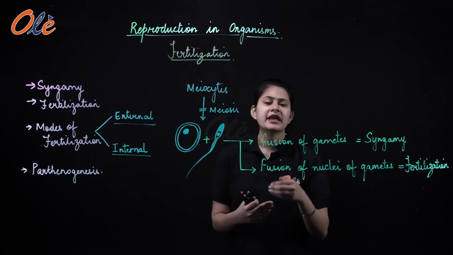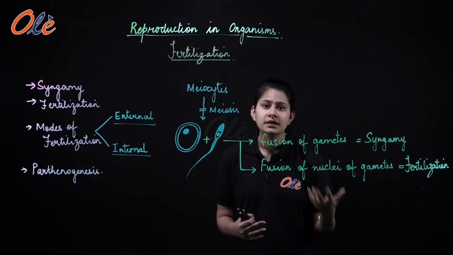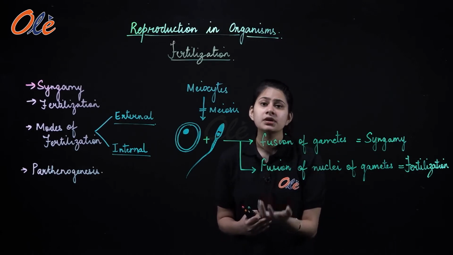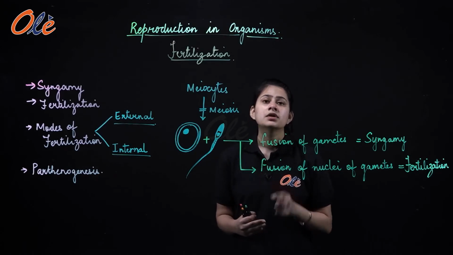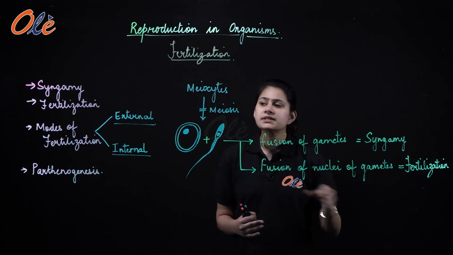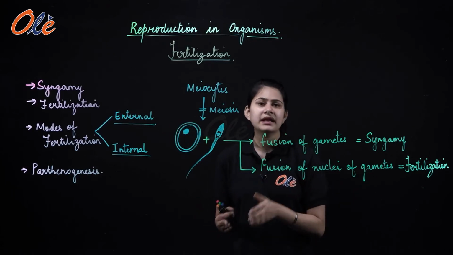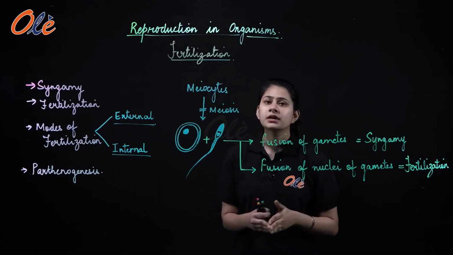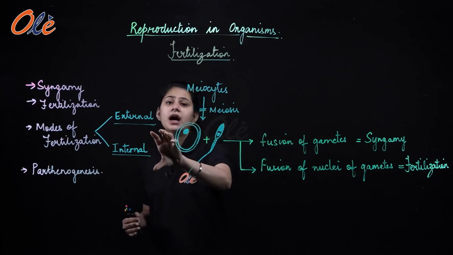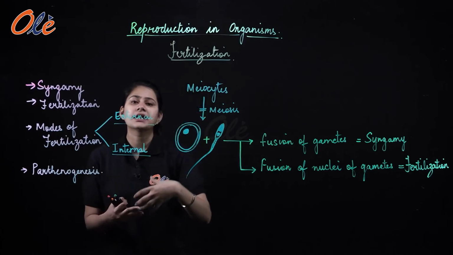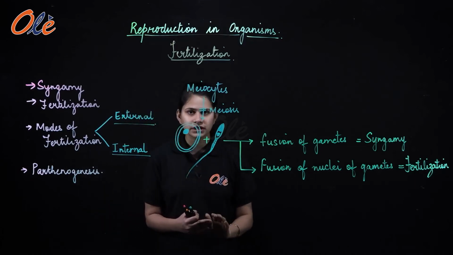And many of these gametes will be eaten up by predators, or will not be successful in producing a zygote, right? So to compensate for all these losses, many gametes are liberated into the external medium by the male as well as the female, right? When we talk about internal fertilization, on the other hand, here generally fertilization takes place inside the organism, generally inside the female, right?